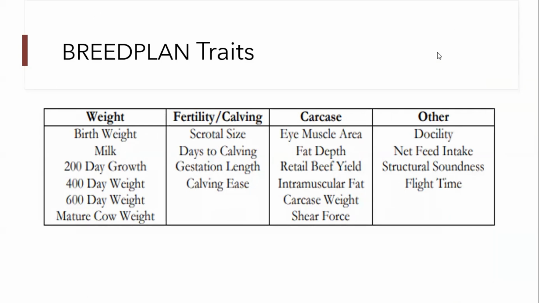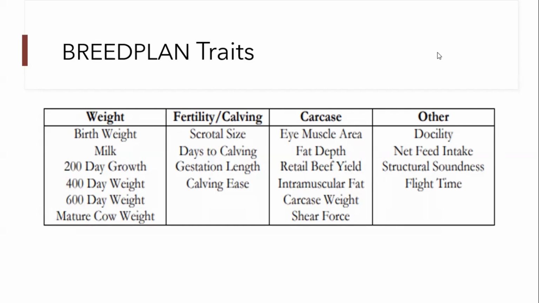There are some breed-specific traits as well. For example, there's a sperm motility EBV in Brahman Australia, and they can have that EBV because they have the performance data to back it. It's heritable in their breed, so they can have an EBV for it.